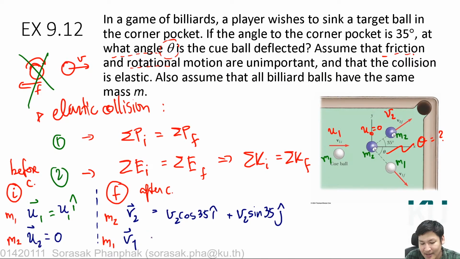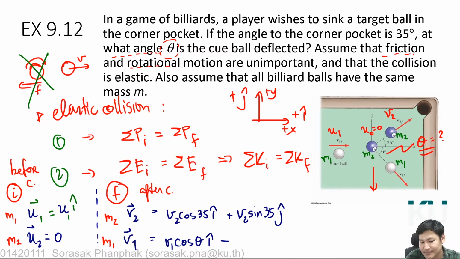With this part, you see your v1 is downward, so you have the component of v1 cos theta i, since you would like to determine this theta, and you have a minus. This is minus because it's pointing downward. You can state the axis as upward is positive j, and rightward is positive i, which is plus x and plus y.